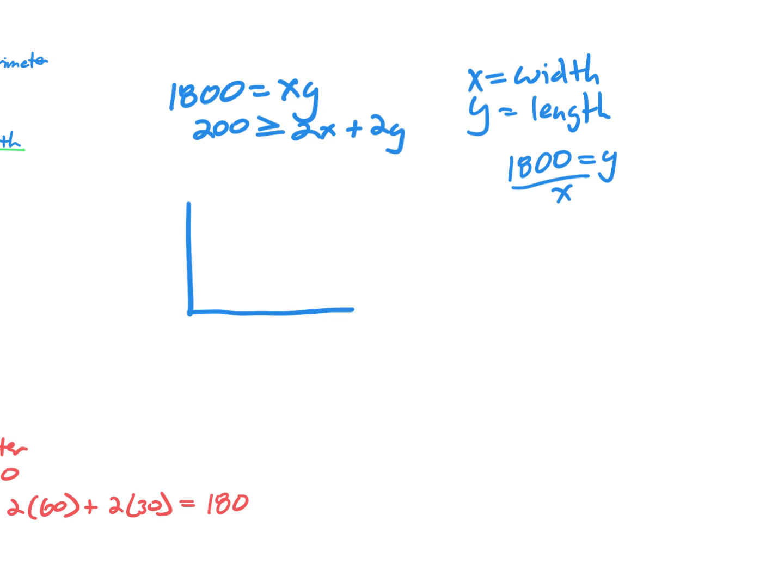And then they would do the same for their other equation. So 200 minus 2x, 2y, then divide by 2. There we go. Okay, so they had a couple equations like this.